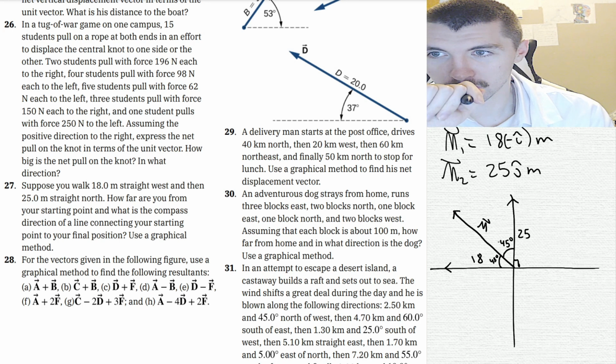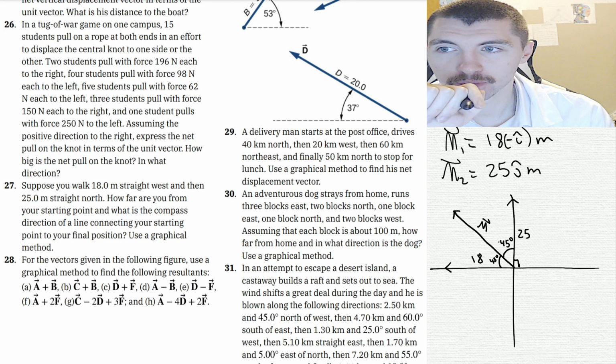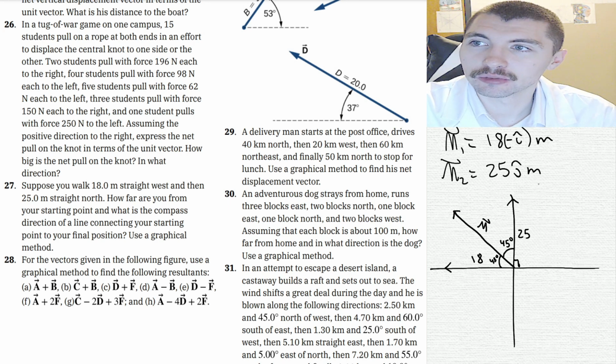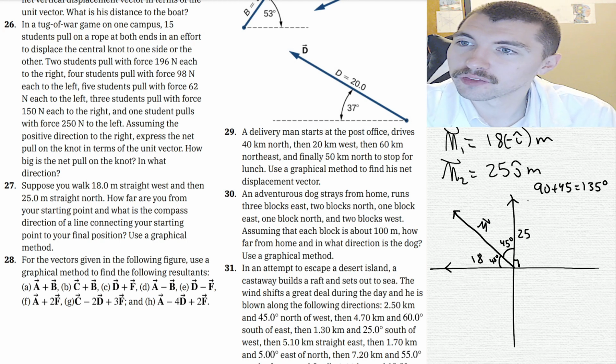So we want to find M. So M is a magnitude and a direction. So we could say 90 plus 45. We could say the direction is 135 degrees.